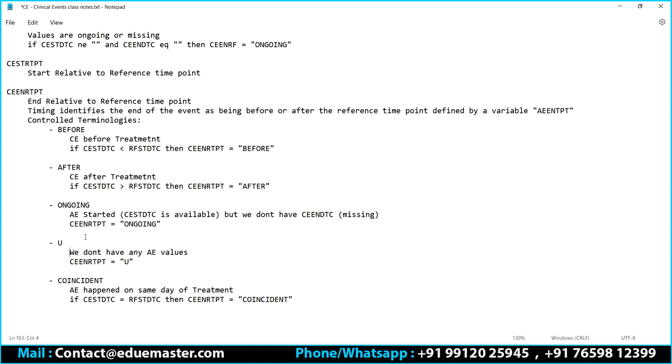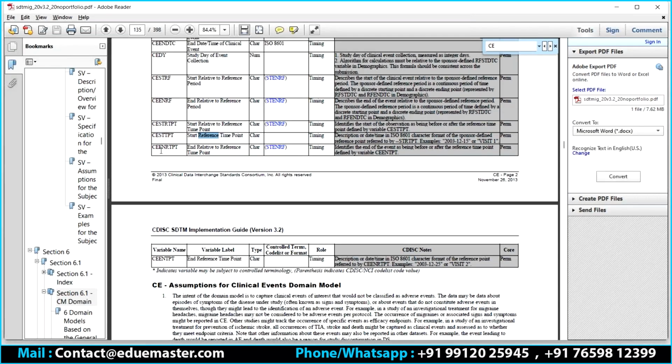If both your clinical event as well as the treatment are happening on the same day, coincident. That's it. Clear? Whatever we defined in the AE, the same one we are defining here. Again and again we are discussing this. Right. We have one more.